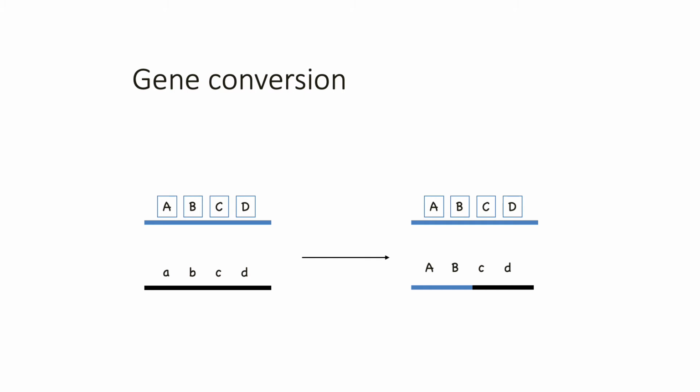It's difficult to study gene conversion because you have to be able to follow all 4 of the gametes that are derived from one meiosis. And as I mentioned before, in most organisms, we only get one of those out.